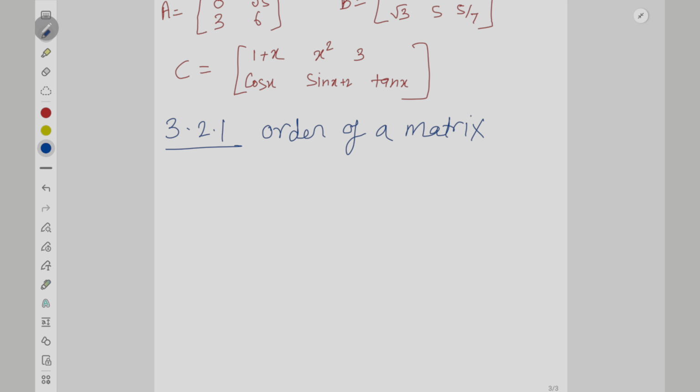What is the order of a matrix? A matrix having m rows and n columns is called a matrix of order m by n.